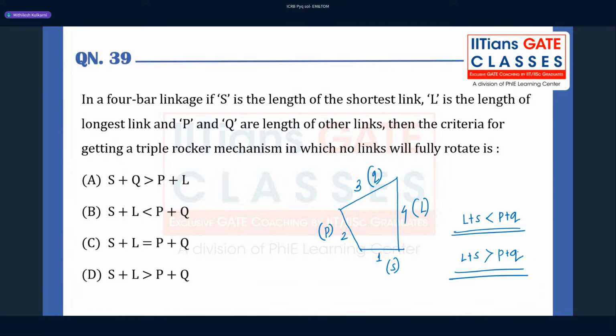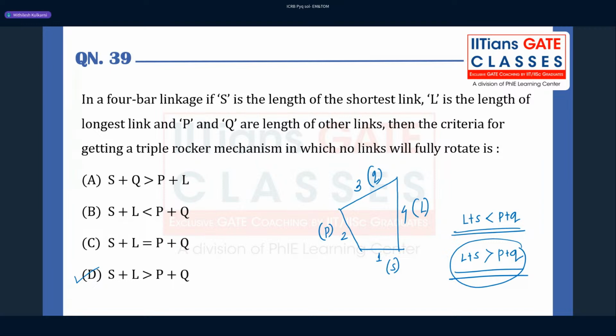In this situation, we will end up with a rocker-rocker mechanism. Hence, the option in this case is option D. We can call this kind of mechanism a class 2 mechanism.